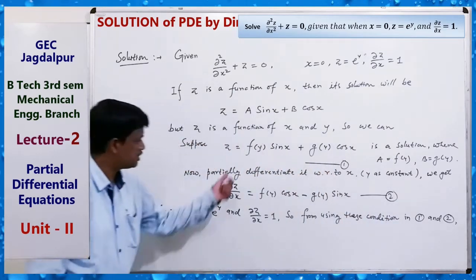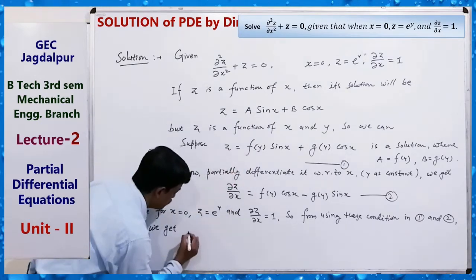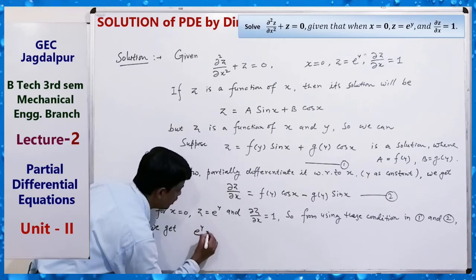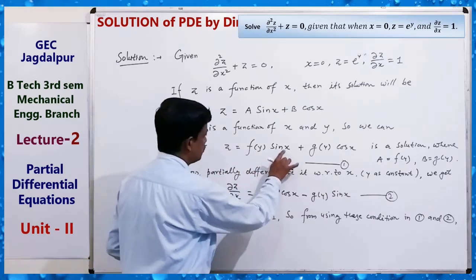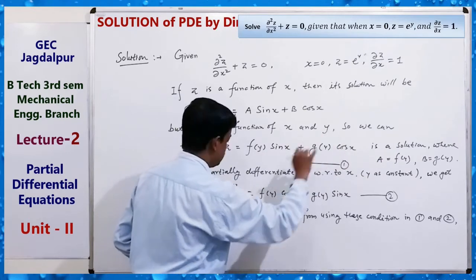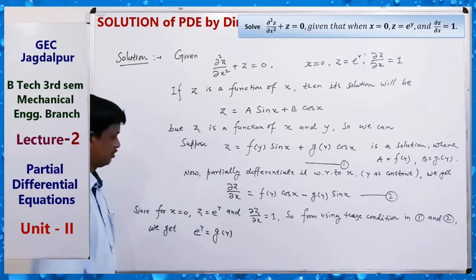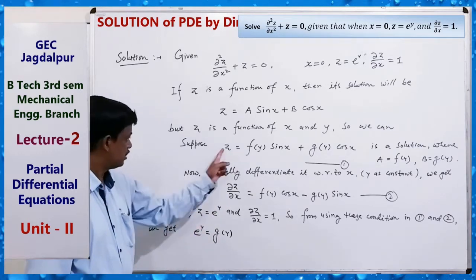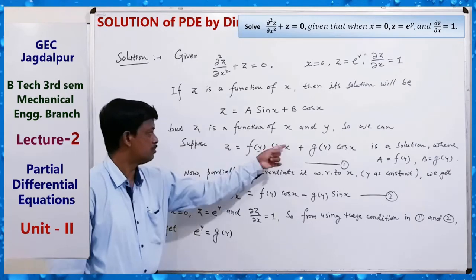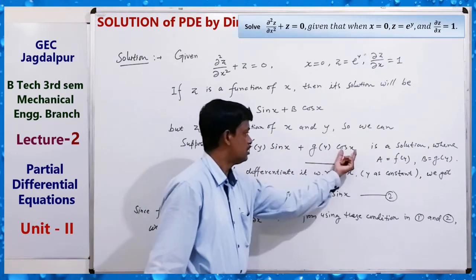Now use this condition here: z equals to e to the power y at x equals to 0. Sin 0 is 0 and vanishes, cos 0 is 1, so g of y remains.